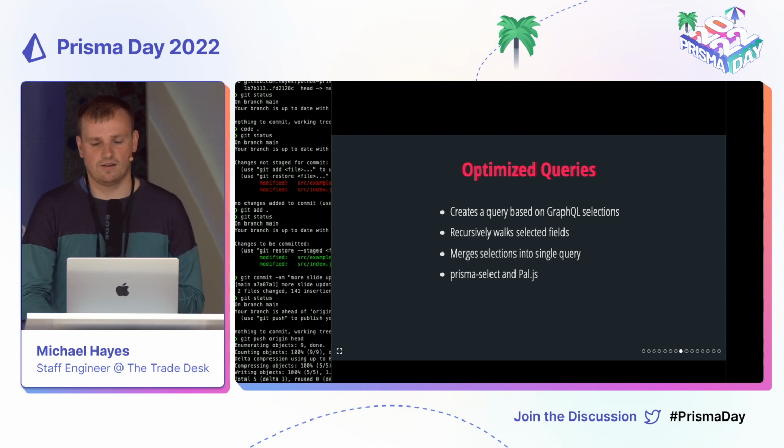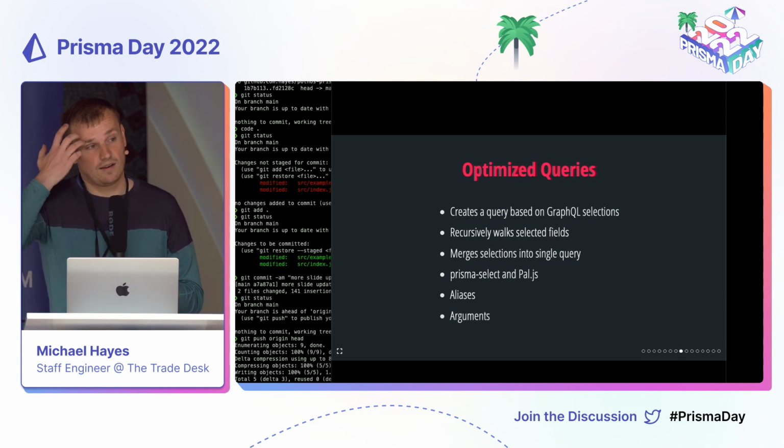If you've ever seen libraries like Prisma Select or Pal.js, this might sound familiar, but this works a little bit differently. There are some fundamental problems with how Prisma Select and Pal.js solve this specific problem, and it doesn't work well with things like aliases or arguments.